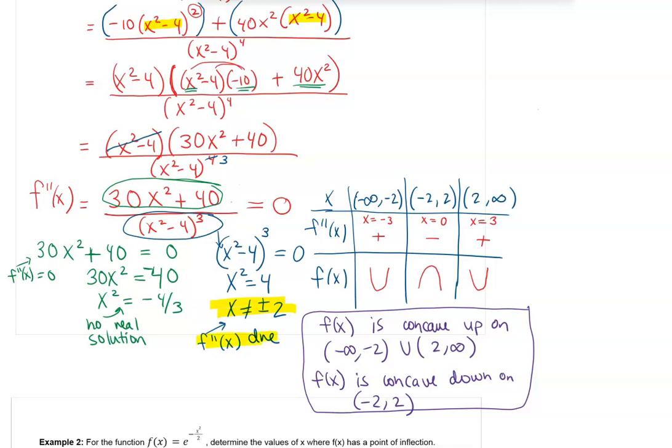The original function didn't even exist there. But what we're learning here is that places where a function doesn't exist could still be indications where concavity of a function is changing, or the sign of the second derivative is changing. So I noticed that there are these 3 different intervals, each having a different concavity from one interval to the next. So that's how we find our intervals.